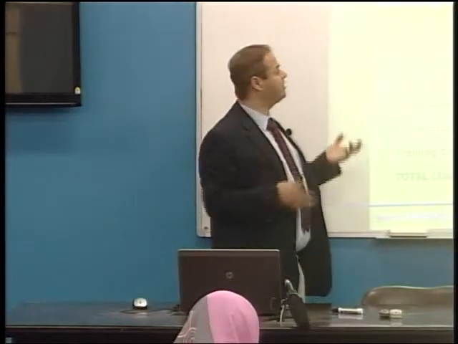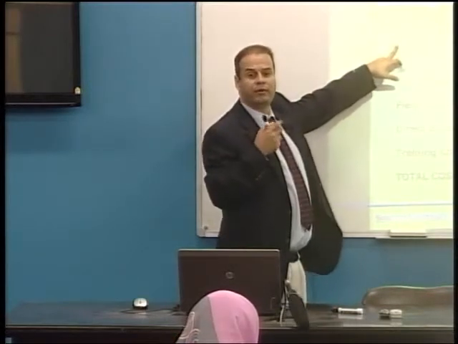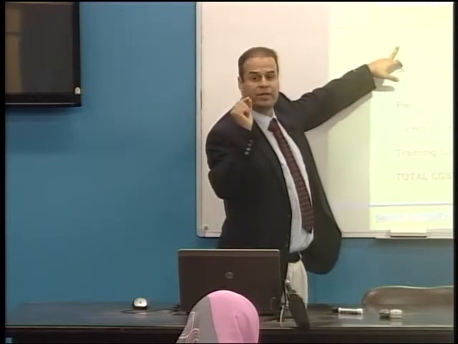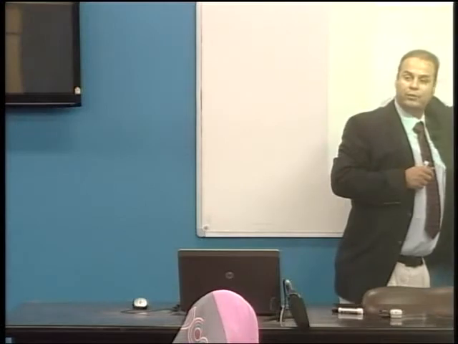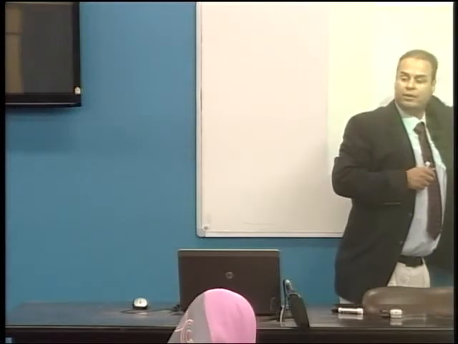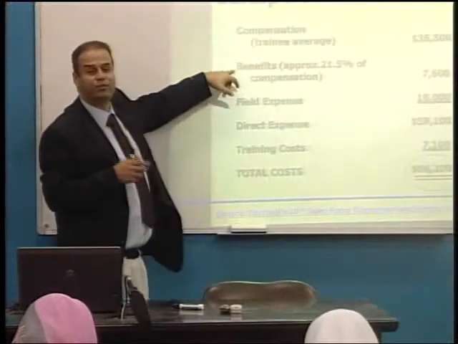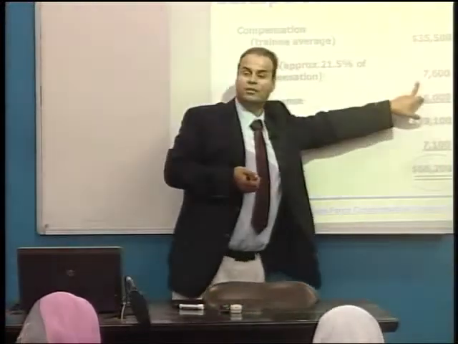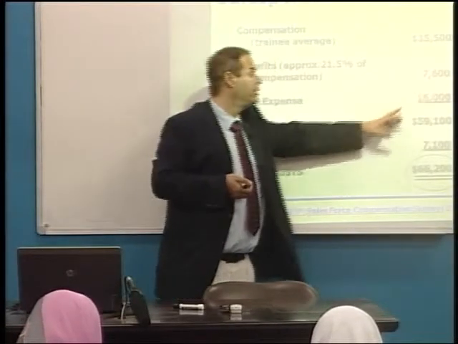Many of the companies are saying the compensation we are going to pay for the employee in his first year of service is going to be calculated at about $35,000 US. They say the benefits entitled for this salesperson are about $7,500 US.